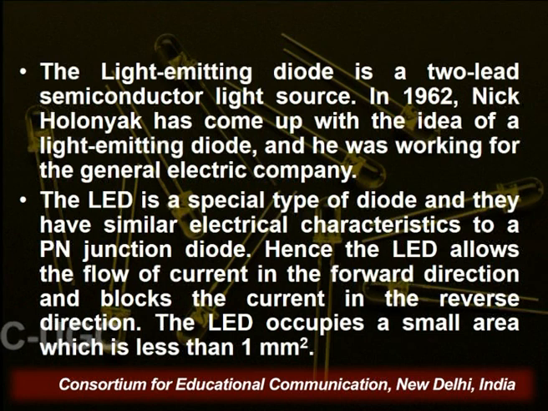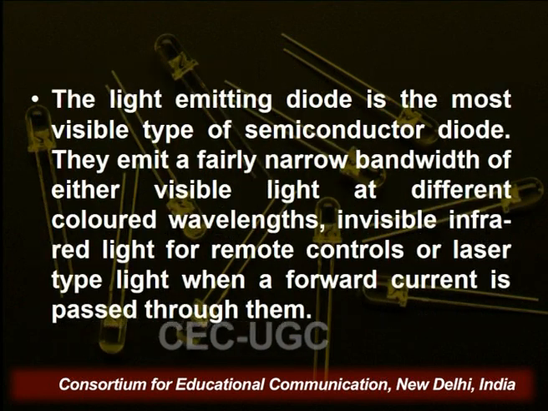LED allows flow of the current in the forward direction and blocks the current in the reverse direction. LEDs occupy a small area, much less than 1 millimeter square. So the light emitting diode is the most visible type of semiconductor diode.